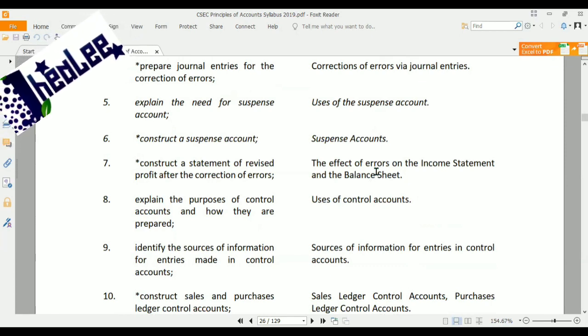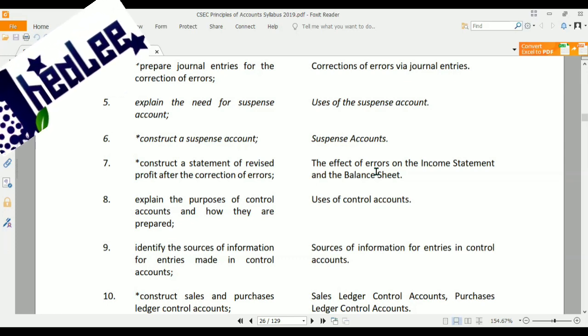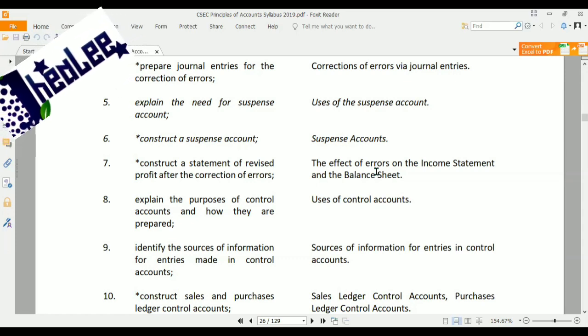Basically, if your expenses were overstated, what effect would that have on your profit? In correcting that, if the expense is overstated, that is going to cause a reduction in the profit generated by doing your income statement. So if it is overstated, your profit would have been understated.